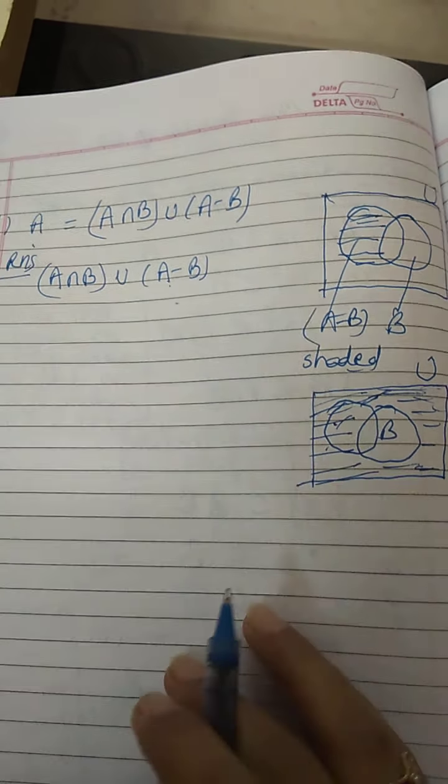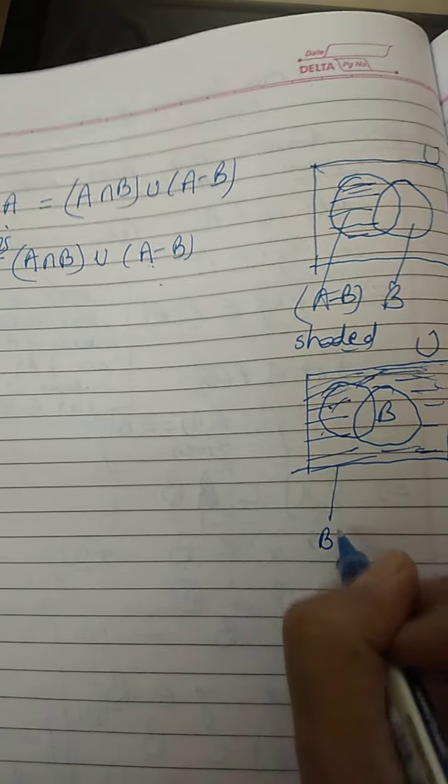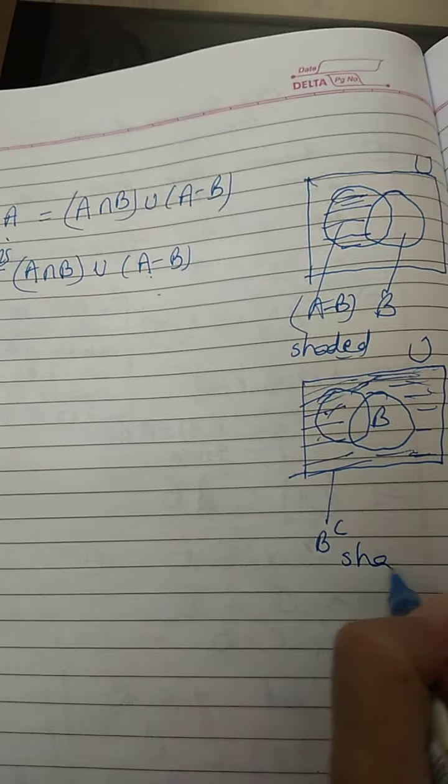Even this common region is not included, since it contains B as well as A. So this is part of B also, and that will not come. So this shaded region is actually B complement.